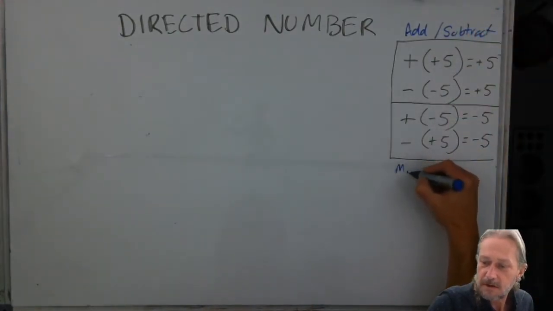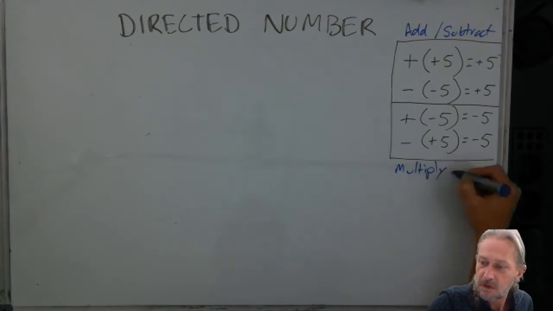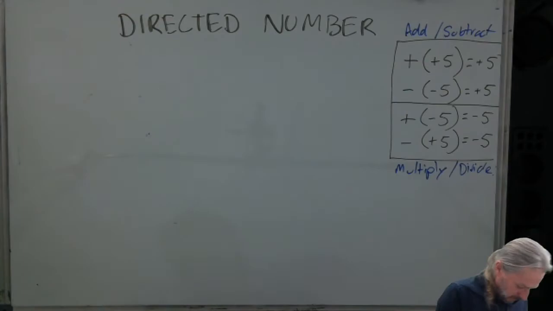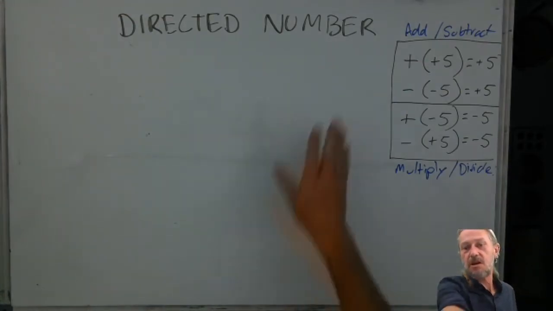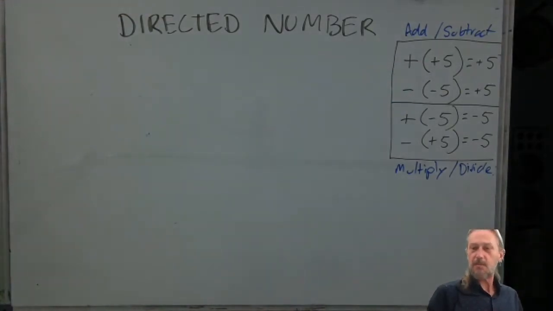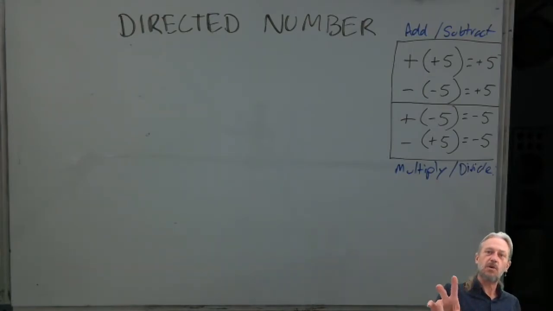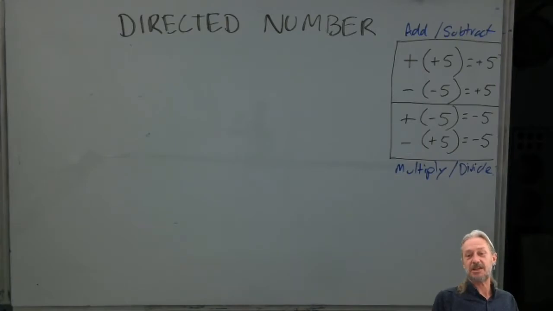When we multiply or divide, it's kind of very similar. When we multiply two numbers or divide two numbers, treat the two numbers as positive numbers, multiply them together, and then depending on what the two signs were and how they combine, tells us what sign the final answer actually is.